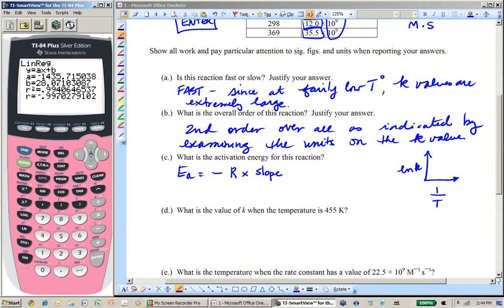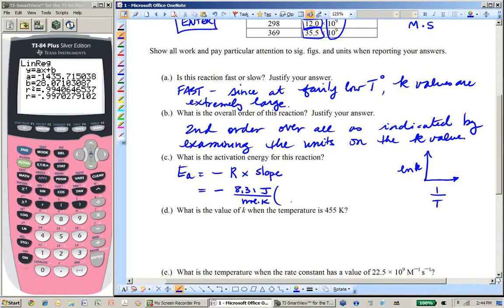All right, so what we get is a nice correlation of 0.997, and then I'm after the slope. So the activation energy is going to equal negative 8.31 joules per mole Kelvin. Notice the joule, that's the part that's important.